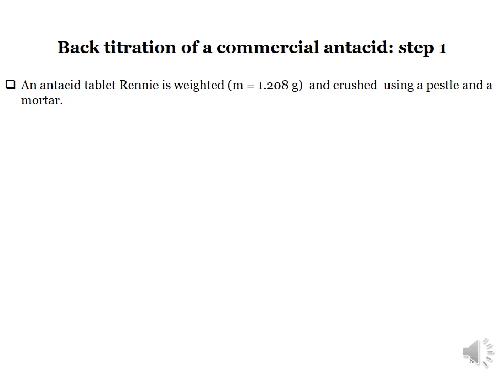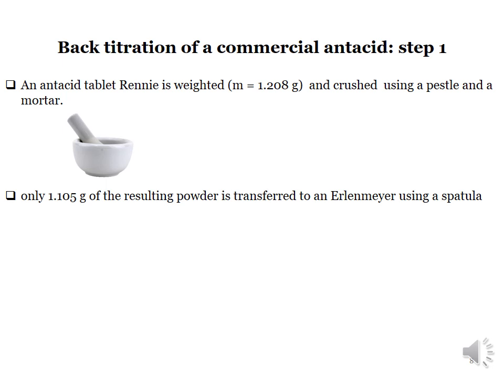It is first crushed using a pestle in a mortar. So we crush the tablet and make it a powder, and then we take, because it's impossible to take the full 1.208 gram from the mortar, the maximum amount. I was able to take 1.105 gram of the resulting powder, and I transferred it into an Erlenmeyer using a spatula.